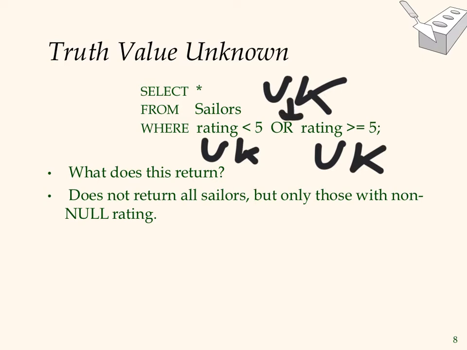And so that means that for a sailor whose rating value is null, the where clause evaluates to unknown, and SQL does not return a sailor whose where clause evaluates to unknown. It returns only the tuples whose where clause evaluates to true. Okay, so you can check that for yourself by running the query in the sailors table.